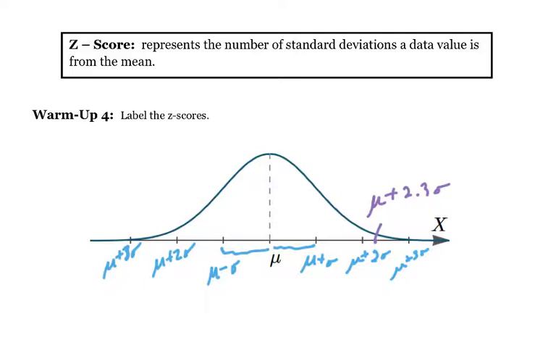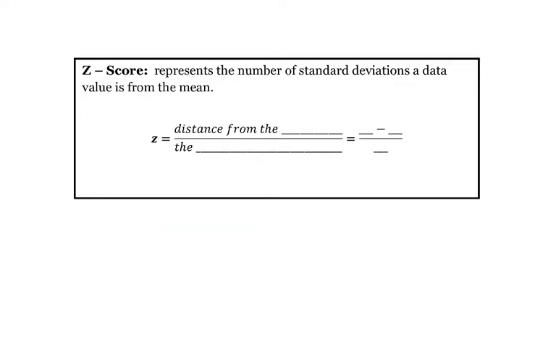So if a data value has a z-score of 1.5, that indicates that the value is 1.5 standard deviations from the mean. The way we find this is we find the distance from the mean over the standard deviation.